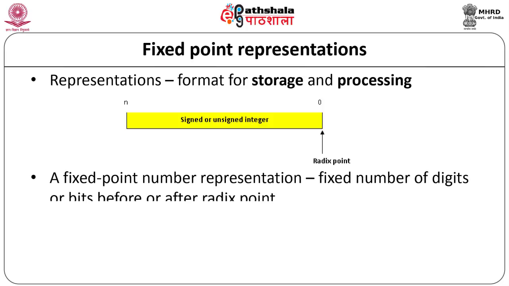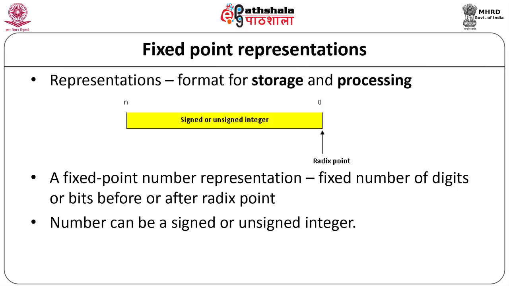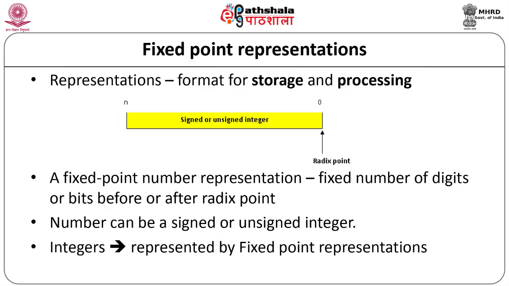A fixed point number representation utilizes a fixed number of digits or bits before or after the radix point, as shown here. The numbers are usually stored as signed or unsigned integers. An integer is normally stored in the memory using fixed point representation.